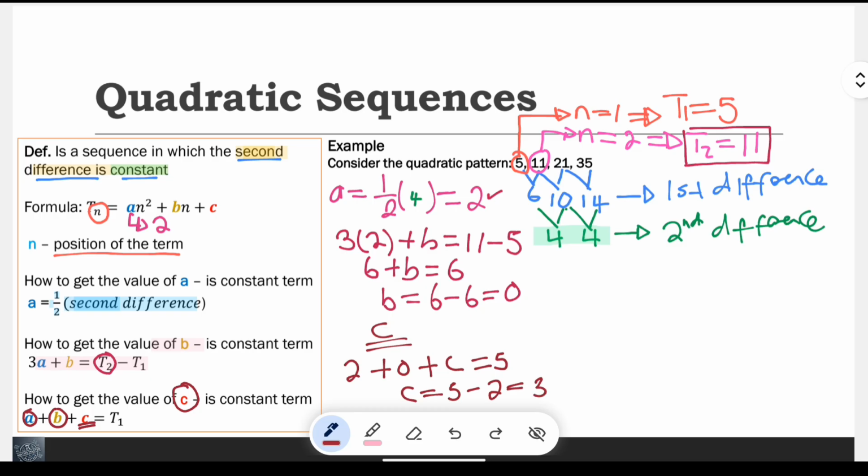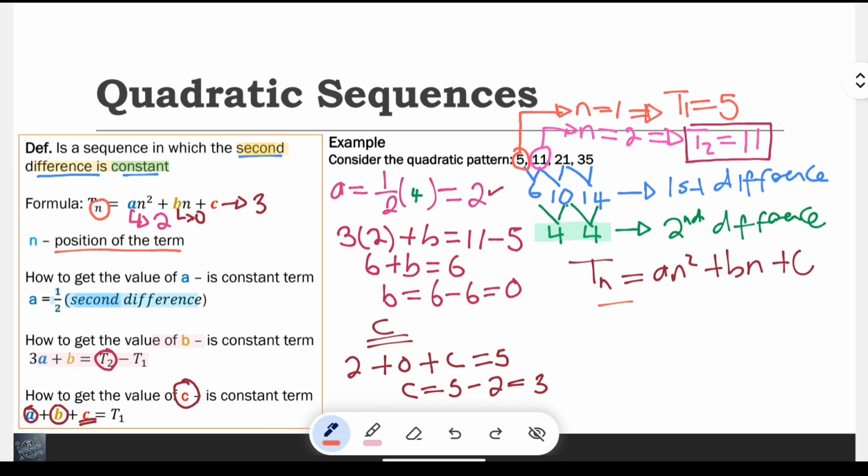So in this case, our b is 0, and our c is 3. So now we're going to write the nth term. How are we going to do it? We're going to say Tn is equals to an squared plus bn plus c. So now let's replace a, b, and c, because we found the values.